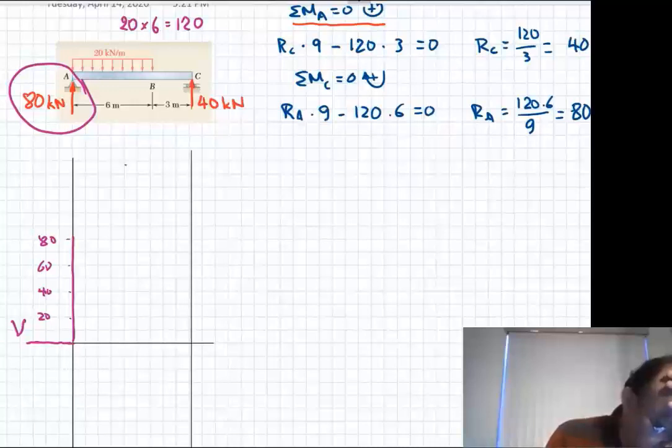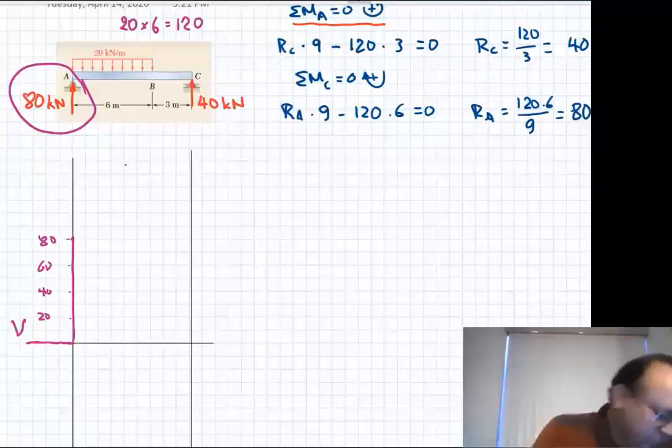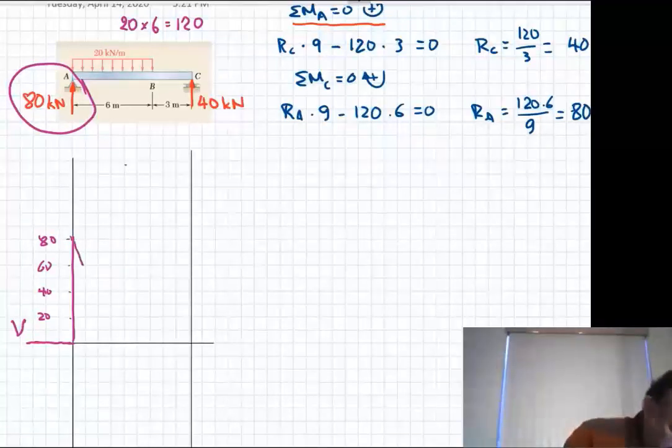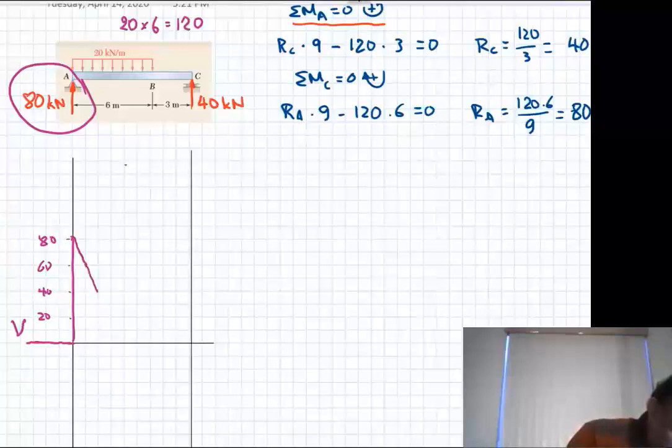So you start at 80. For every meter, you go down 20. I go from 80 to 60 in 1 meter, from 60 to 40 in another meter, like a straight line. Another meter, 20 more.